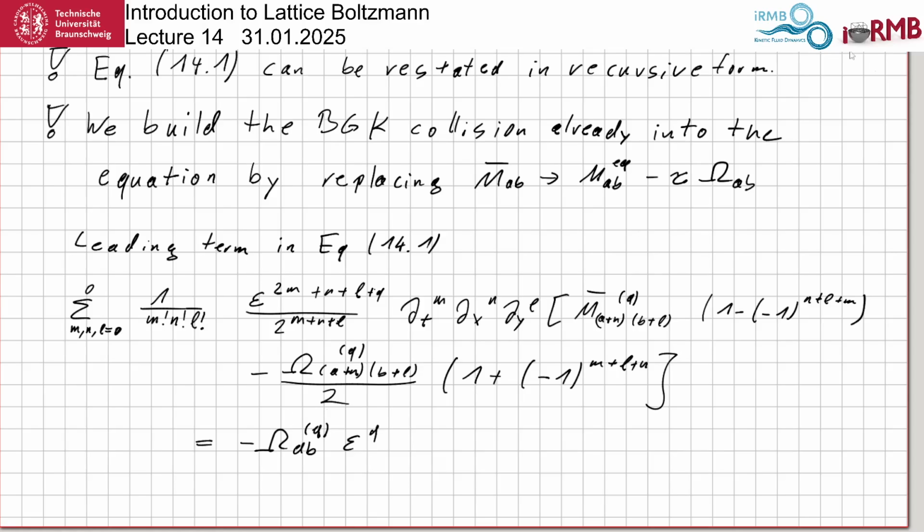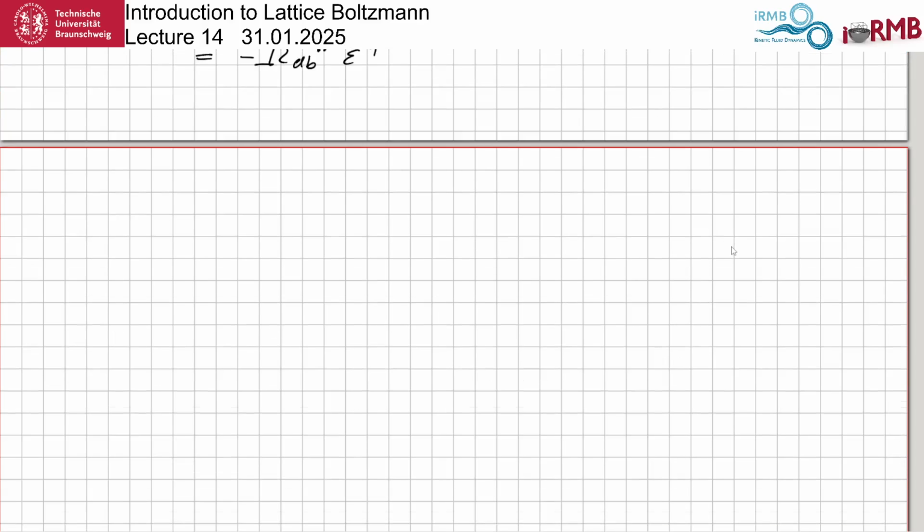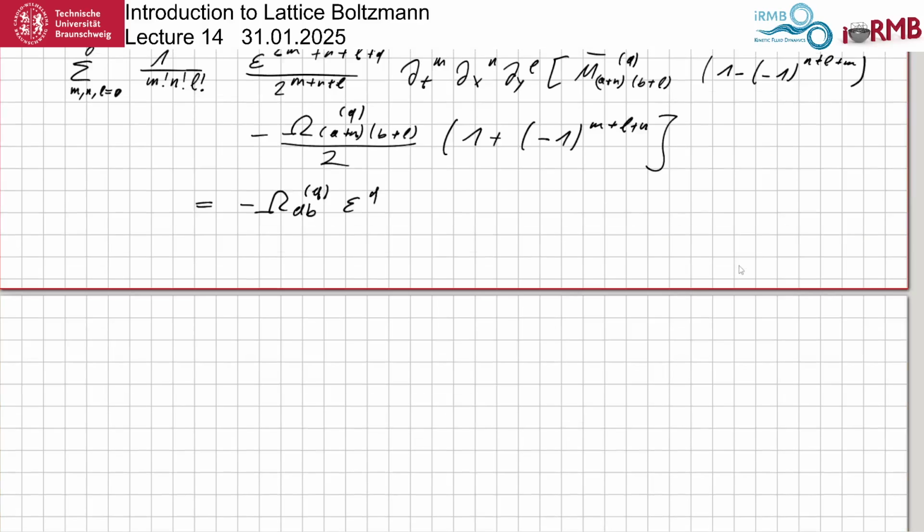So in the beginning, in the leading part, we always have this omega AB. And now we are using this to build a strange looking recursive equation.